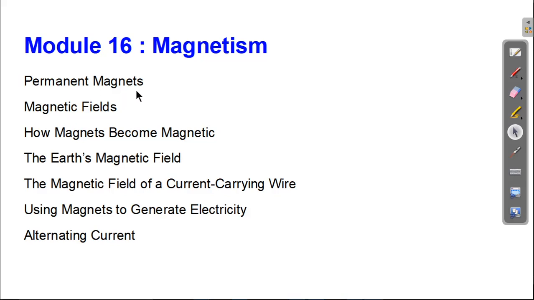Some of the things we're going to be talking about, not all of them, there's a lot of information, are permanent magnets, magnetic fields, how magnets become magnetic, Earth as a magnet, and the magnetic field of the Earth, wires that are carrying electricity and how that creates a magnetic field, how magnets can generate electricity and alternating current. So there's a lot more than this, but no math. There's no extra practice problems either, so that's going to be nice as well.